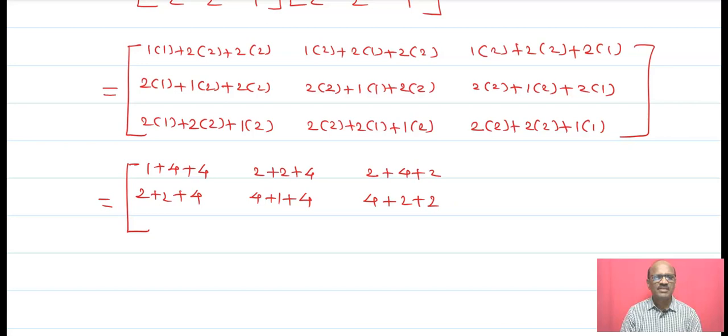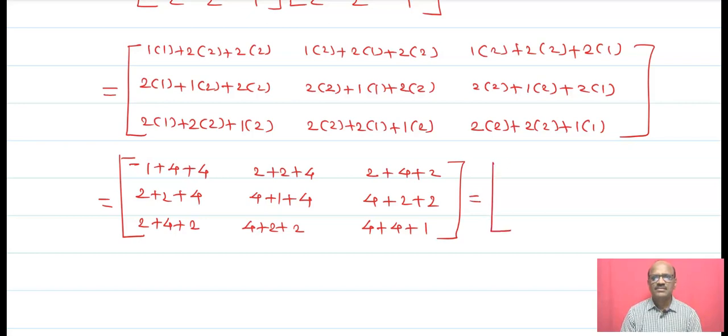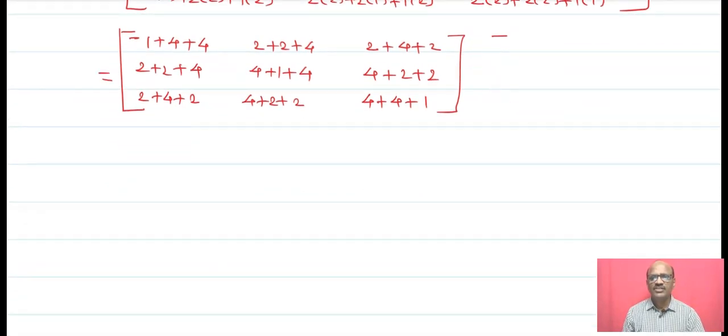Now this is the multiplication. See this? The last. Now their corresponding addition is there now. 9, 8, 8, 8, 9, 8, 8, 8, 9.